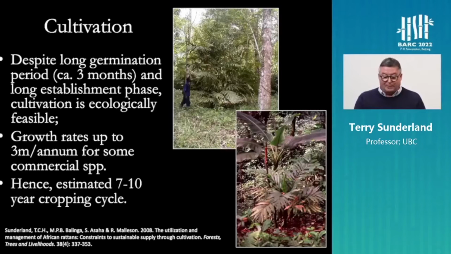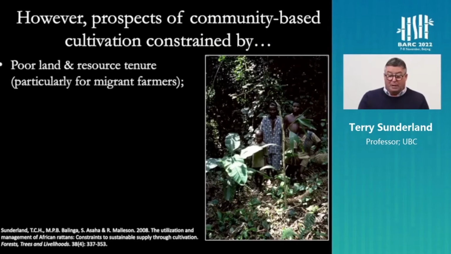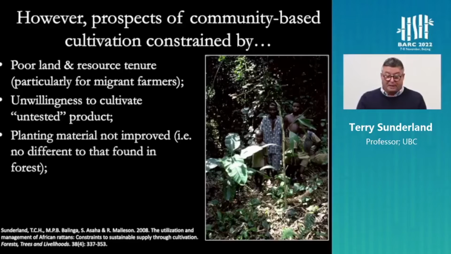There is roughly then an estimated 7 to 10 year cropping cycle, and you can see some of our trials here in Cameroon, which have yet to go to full term. However, prospects of community-based cultivation, which has been identified by a lot of donor agencies as the way forward, is constrained by poor land and resource tenure, particularly for migrant farmers, an unwillingness to cultivate an untested product, and particularly a product that people feel is still relatively abundant, even though it's actually not.